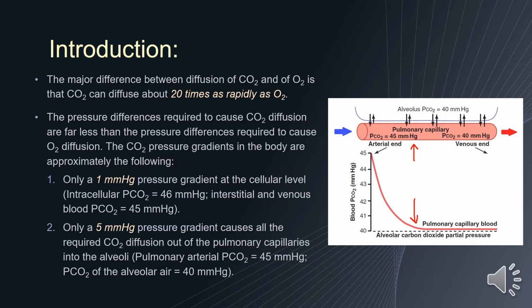Where I put the arrows, you notice that the carbon dioxide has been transported from the blood to the alveoli, and the pressure inside the blood has been reduced from 45 millimeters of mercury to just about 40 millimeters of mercury, and the blood has just passed less than half the distance within the capillary.